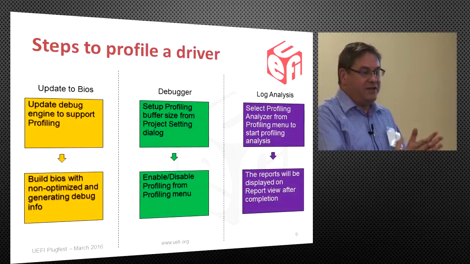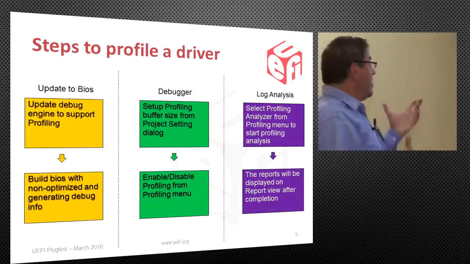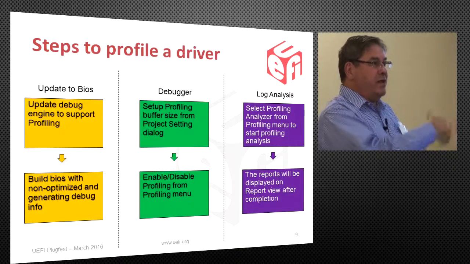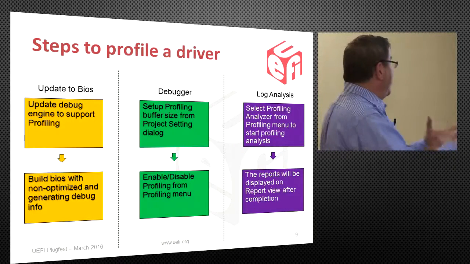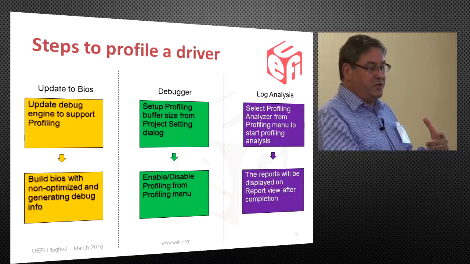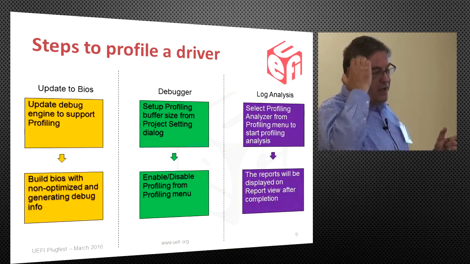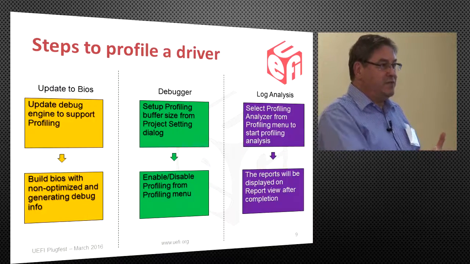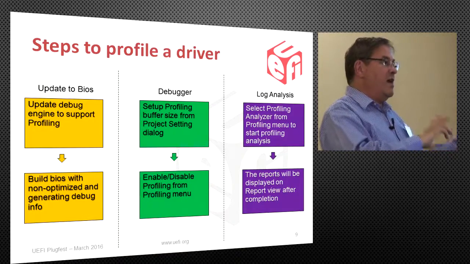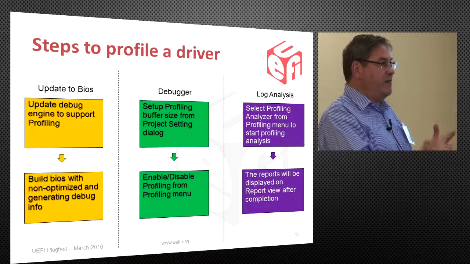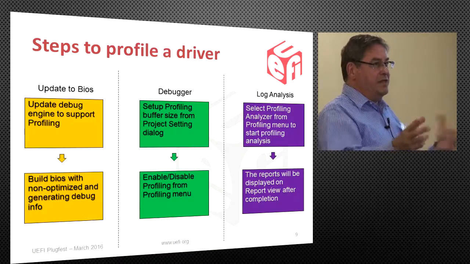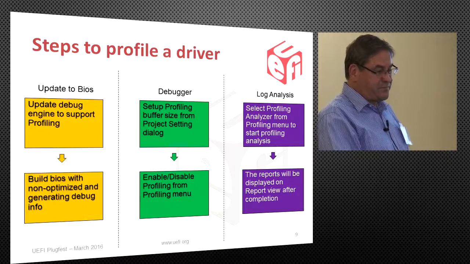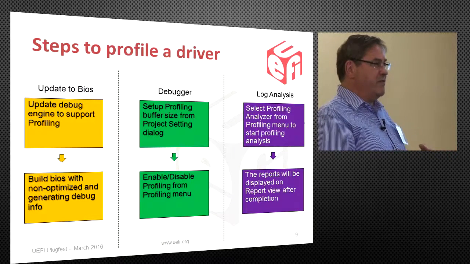Okay, so profiling drivers. Basically, the debug driver that's running in the BIOS has to be updated to support something like this, and then you rebuild your BIOS. You have to turn off the optimization, because if you optimize too much of the code, it makes it extremely difficult for us to figure out what's going on. And then you generate the debug information.